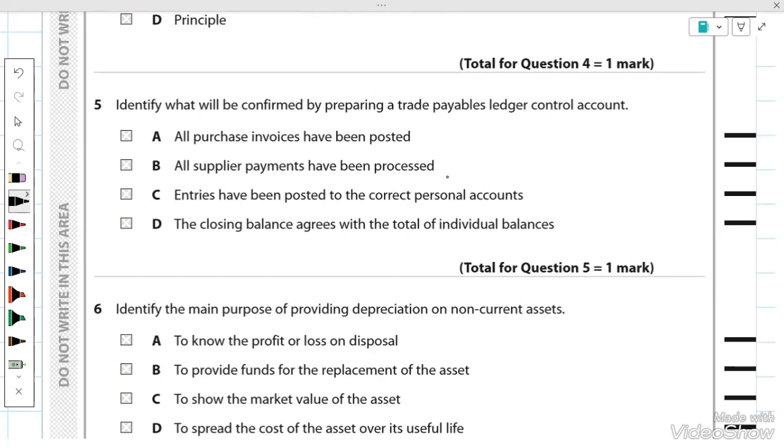So this is also not your answer, because if you are paying your suppliers in cash or by cheque, first you record it in the cash book, and after that you record it in the trade payables ledger control account.